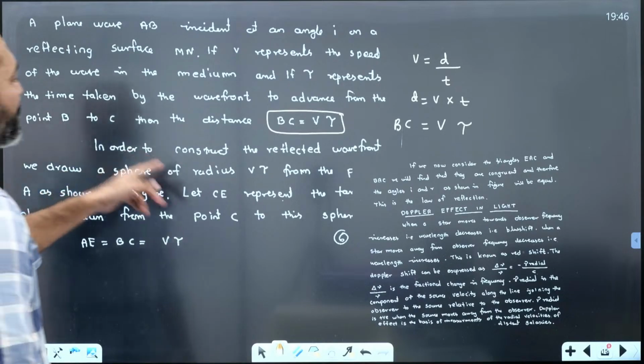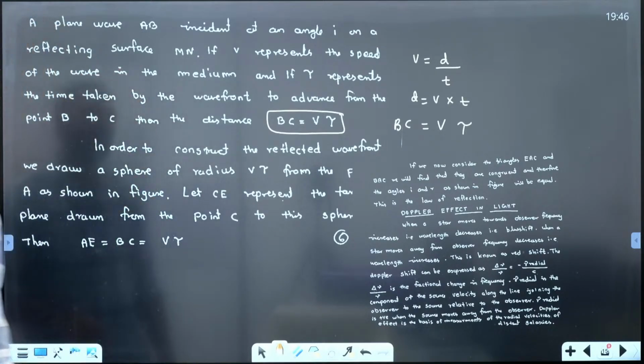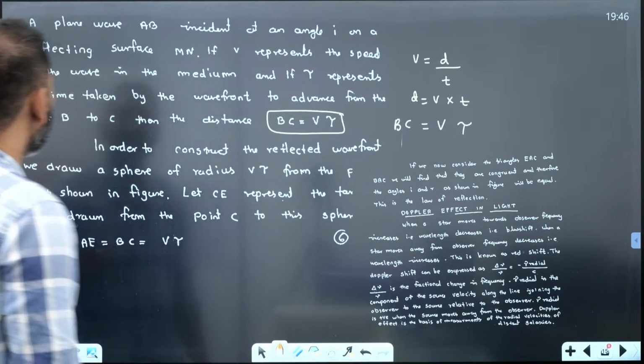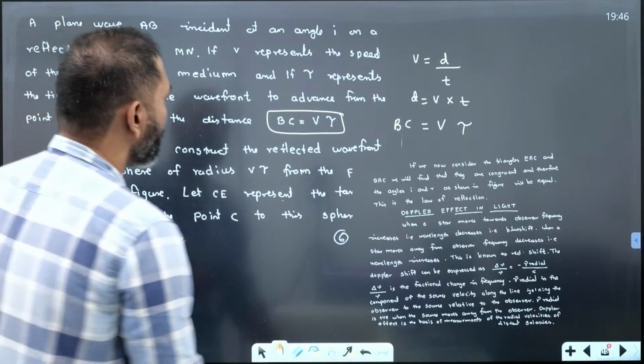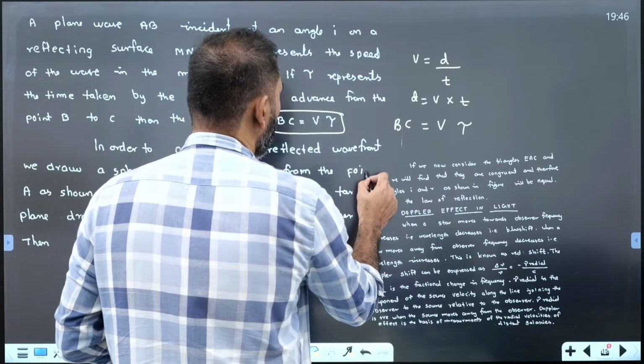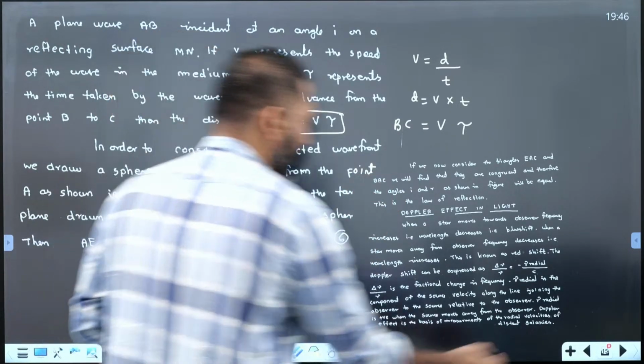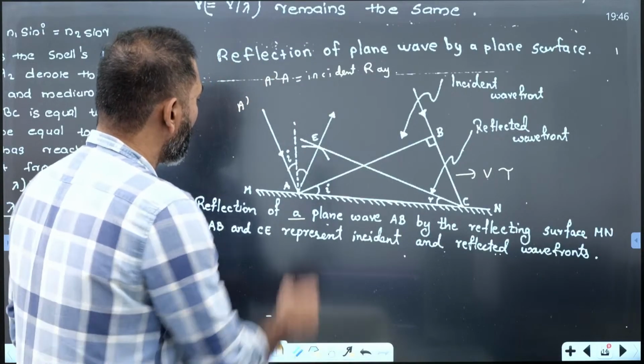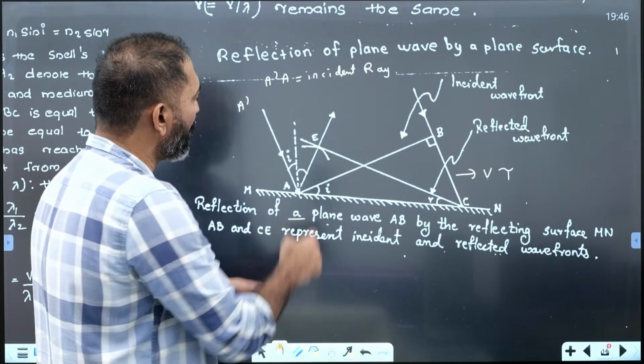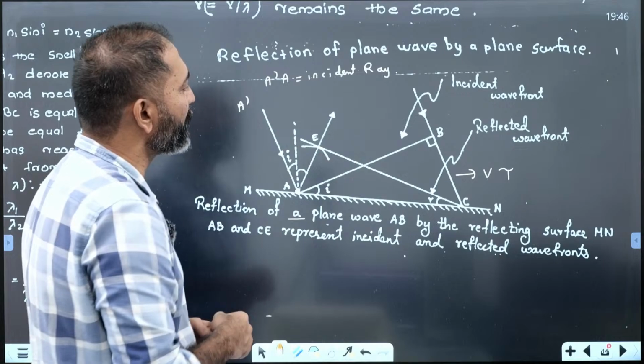In order to construct the reflected wavefront, we draw a sphere of radius v tau from point A as shown in the figure. So from point A, we draw a sphere of radius v tau.